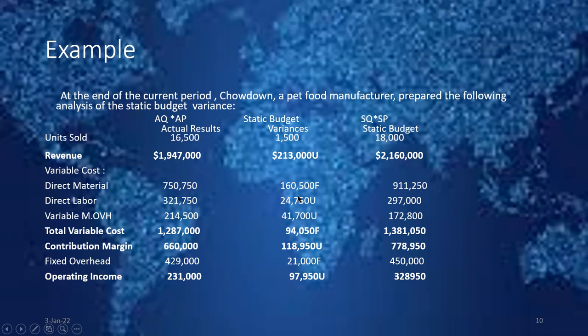By 160,000 around. Whereas if you see the direct labor cost 297, but actual coming 321, is it favorable or unfavorable? The cost is more, so that's unfavorable. Actual is more, that is unfavorable. So remember, revenue should be more in order to be favorable, and cost should be less in order to be favorable.